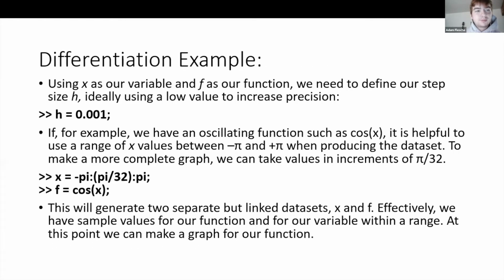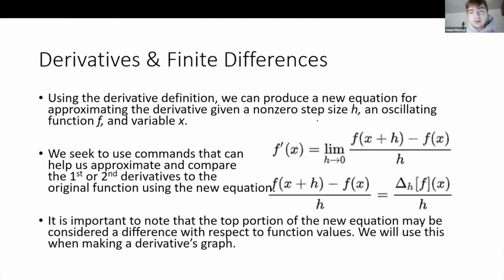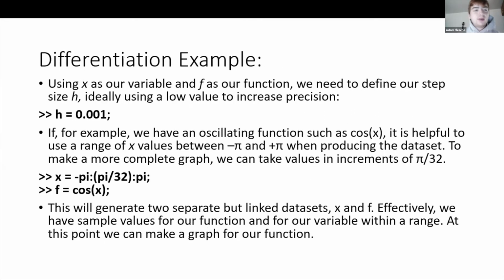So here's the example on how to differentiate. We can use x as our variable and f as our function. We need to define our step size h, as we saw on the previous slide. We want to use a low value so that our approximation is precise, so I used 0.001.